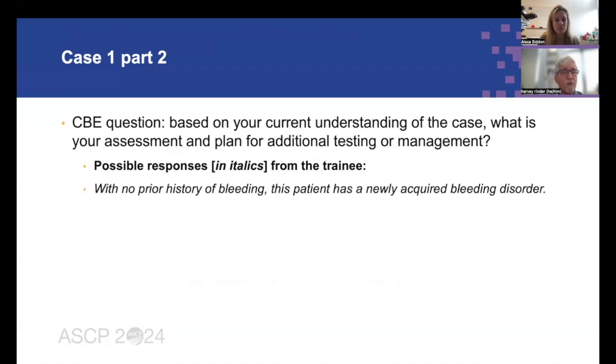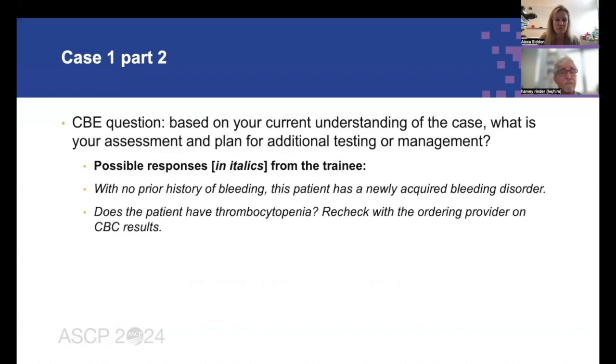Here are possible responses, again in italics. Well, they've assessed that with no prior history of bleeding, clinically at least, they think this patient has a newly acquired bleeding disorder. They want to know, does the patient have thrombocytopenia? They're going to go back and recheck with the ordering provider to see if a CBC was done and what were the results.